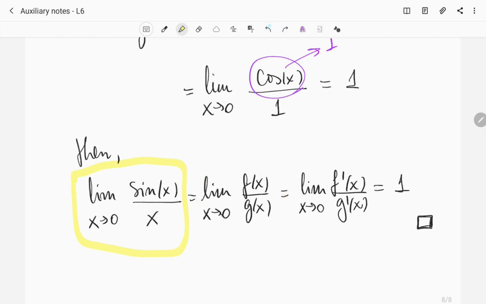Okay, and that's it for these notes, where we just saw two important tools for lecture 6, which are the definition of improper integrals that we are going to work with, and this rule to compute some limits of functions when we are in certain situations, which were these two situations: for the limit of f over g, both functions go to 0, or both functions go to plus or minus infinity.